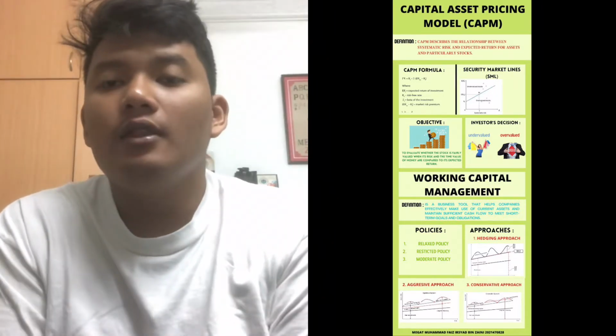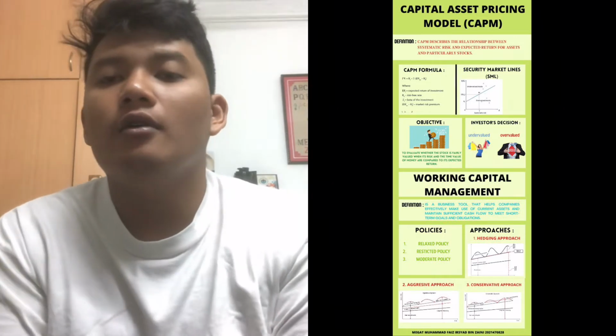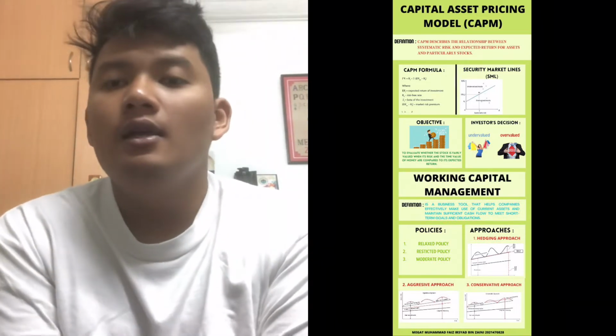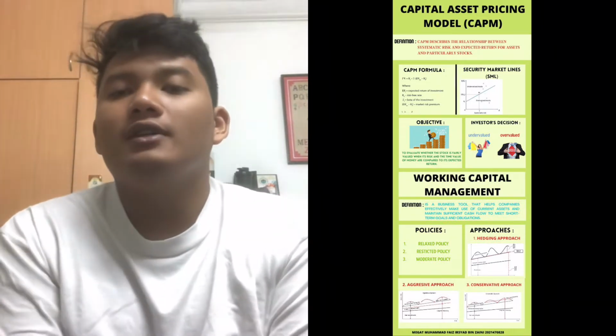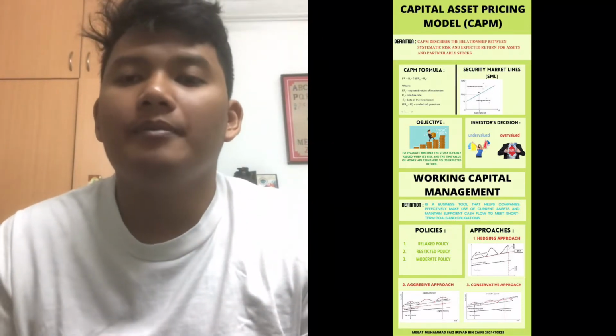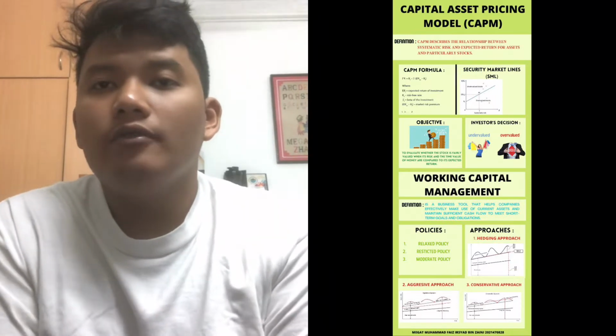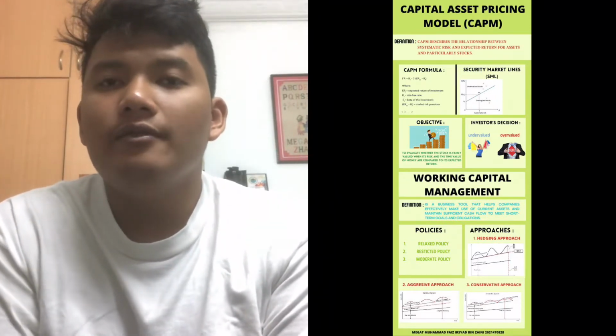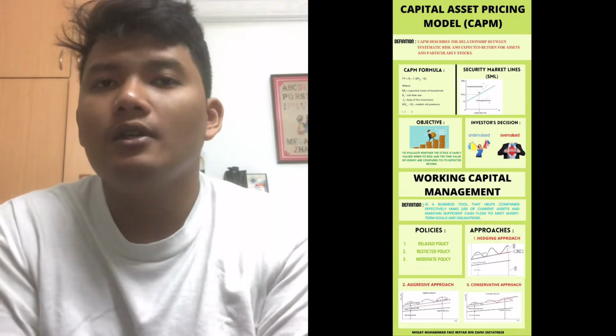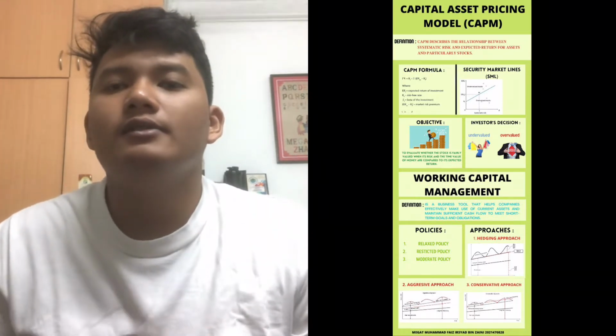Next is the security market line, or SML. SML is the picture of the CAPM. SML reflects the investor's required return for each level of non-diversified risk, measured by beta.